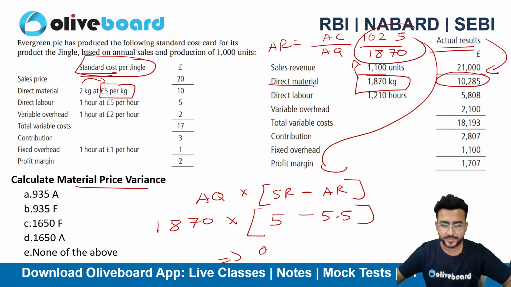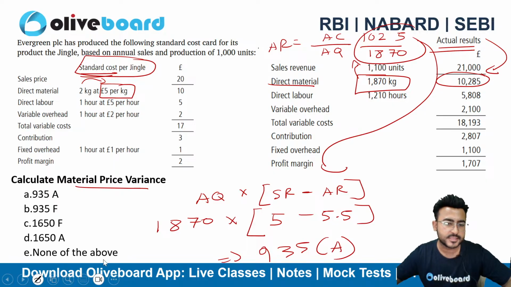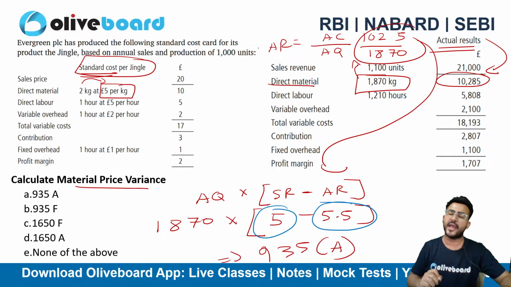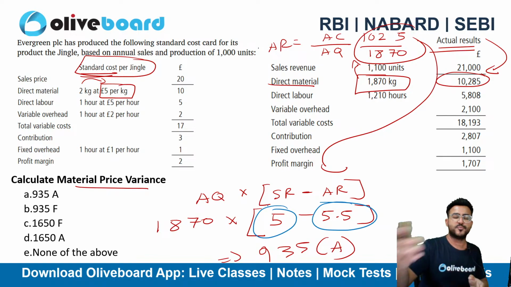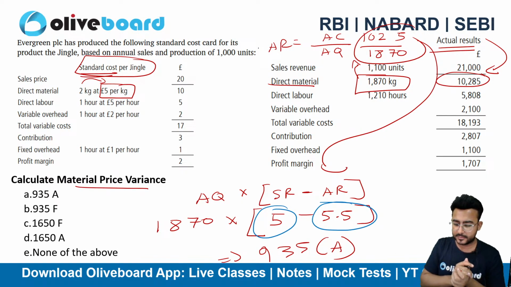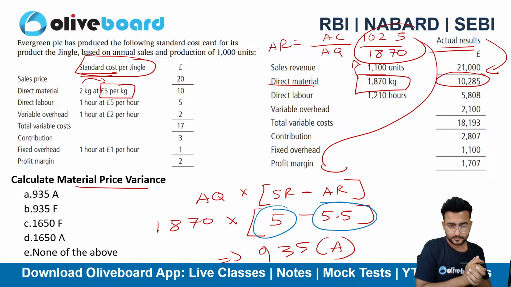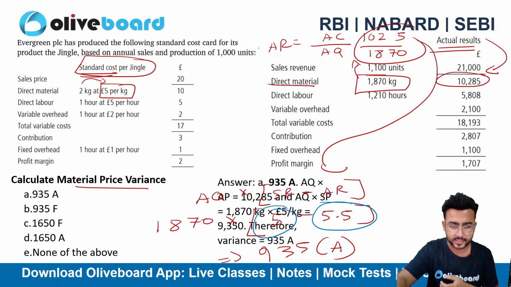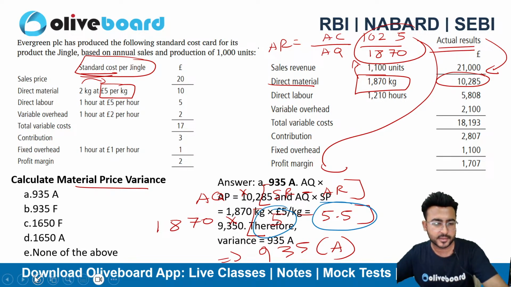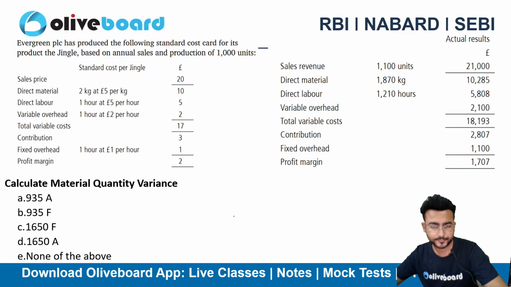So here the answer will be 735 adverse. How adverse? Ideally you should have incurred a standard rate of 5 rupees, but you incurred an actual rate of 5.5. The material was 5 rupees, you bought it at 5.5. This will be an adverse variance. So the correct choice will be option A here.